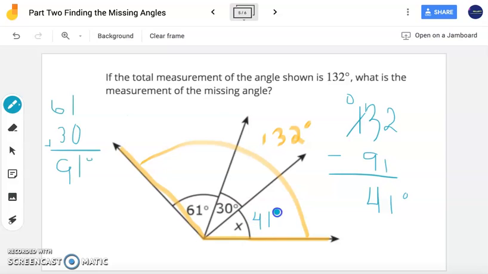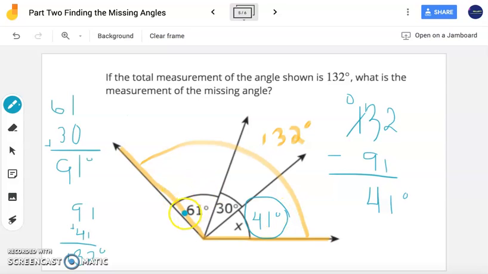Now, to determine I did all of this correct, if I took my 91 degrees and I added this to 41, let's see if I get 132, just to confirm that the math I did on my piece of scrap paper is correct. And in fact, this proves that my answer of 41 degrees is correct.